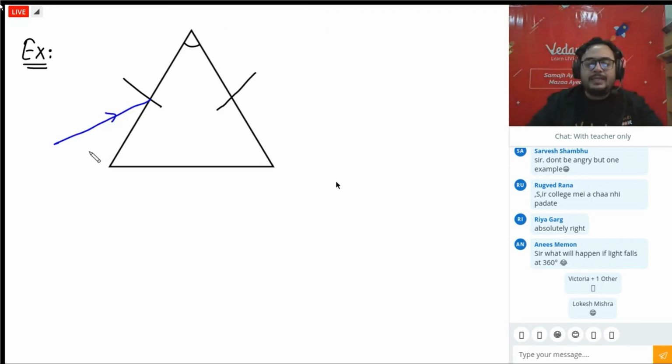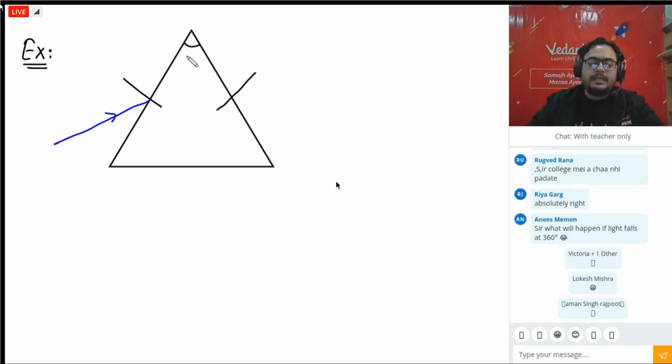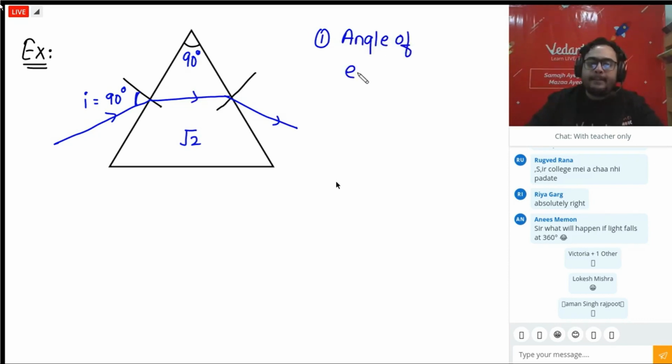Let's say this angle of the prism is 90 degree, the refractive index is mu equal to root 2, and the angle of incidence is also 90 degree. First, find the angle of emergence, and the second thing is the total deviation of the ray.